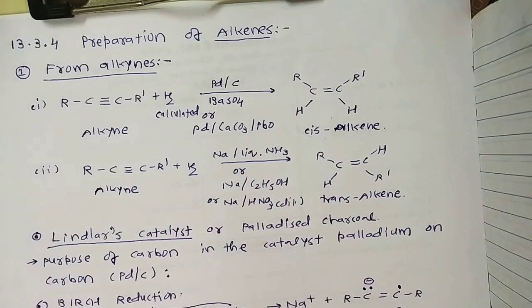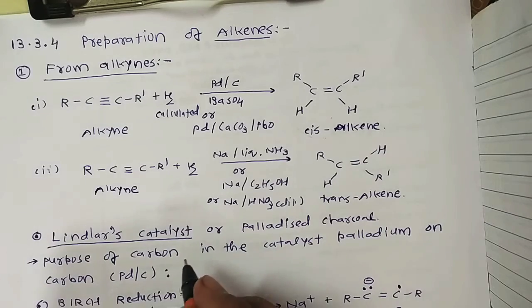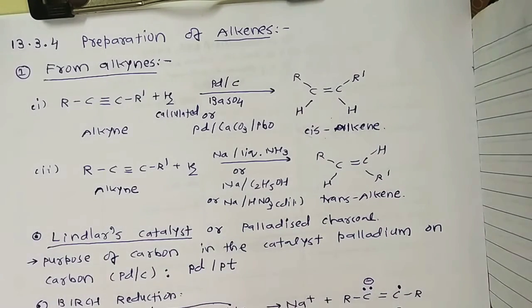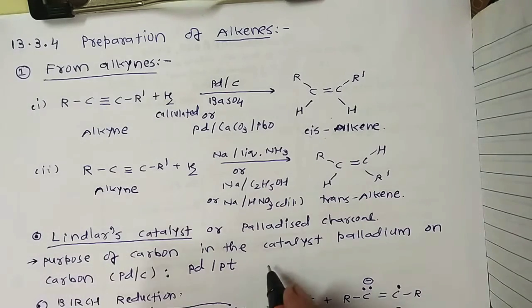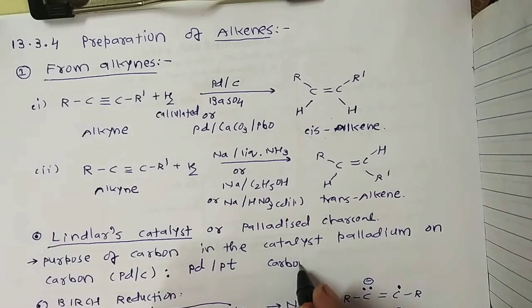So here there are some reasons. As we know, palladium and platinum are very expensive. So the finely divided metal is often mixed with inert materials having a high surface area, such as carbon black.